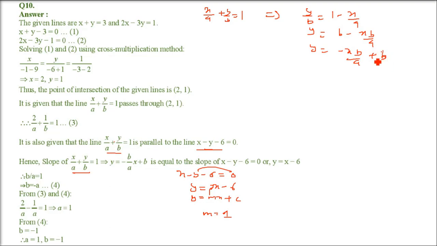So when you equate it with y equals mx plus c, m will be minus b by a. Minus b by a will be the slope, and this will be the slope of this also, because both lines have the same slope. So minus b by a will be 1. b will be equal to minus a. So when we have b equals minus a, this is one kind of equation.